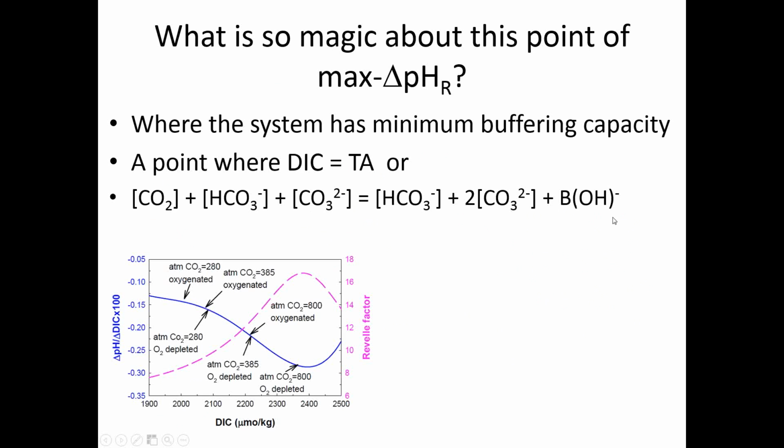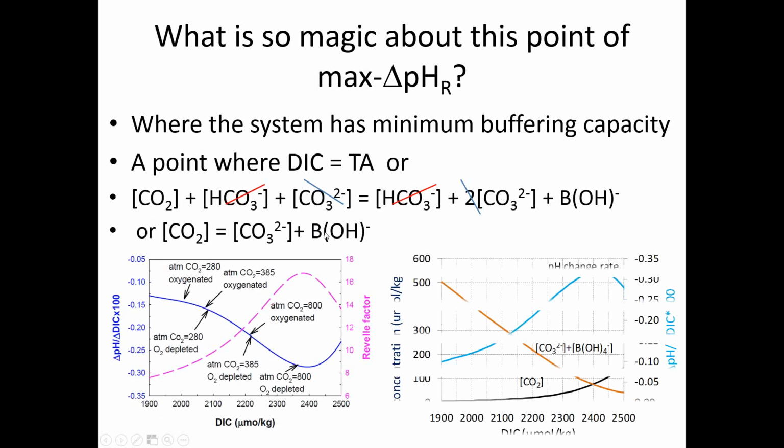I see I'm running out of time, so I'll speed this up. Anyway, if you cancel out a few terms, really this side is CO2, this side is carbonate plus borate. And these are all minus components. So on this side the base decreases and the acid increases. And the pH is really controlled by the relative amount of both sides. So once you cross that, you have this very sensitive pH change. This weakens the buffer capacity of the system.